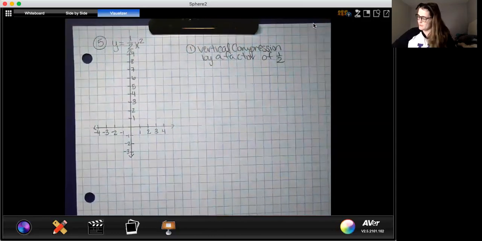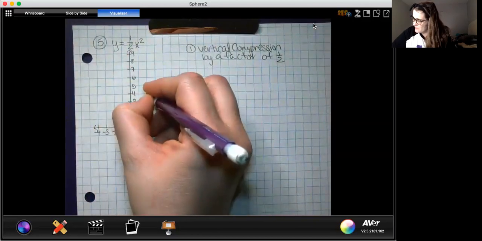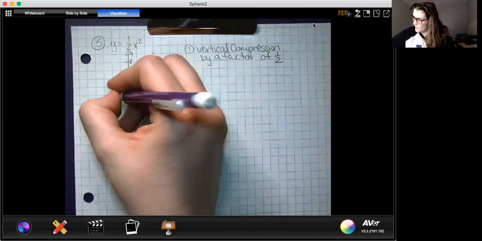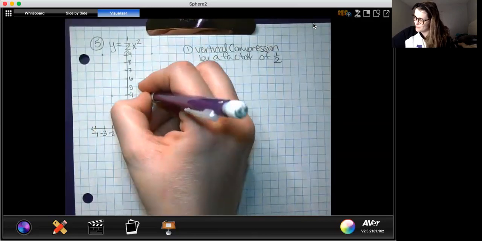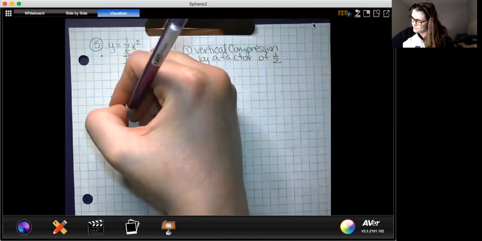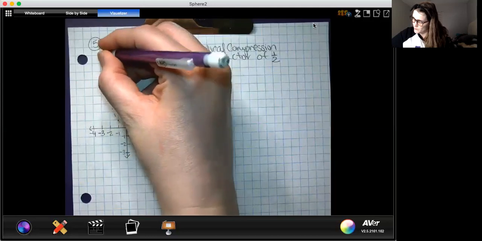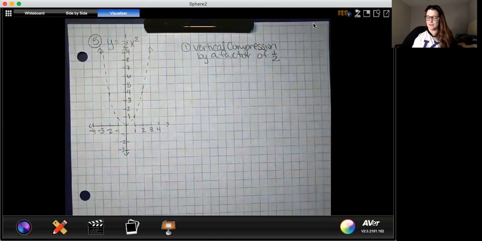So let's start with that parent function. Again, remember that parent function never changes. It will always be the same points. Okay, now this is our first compression, well, or stretch really.